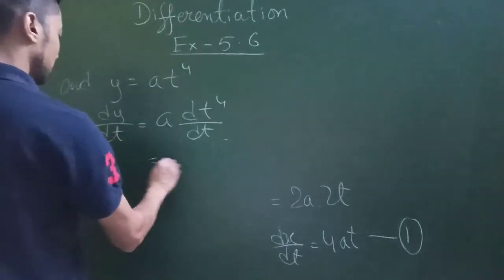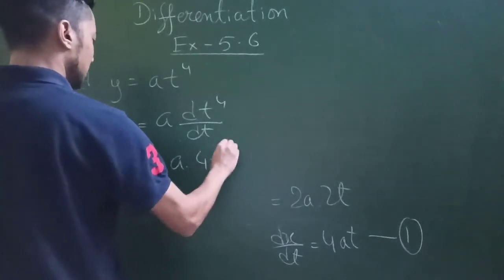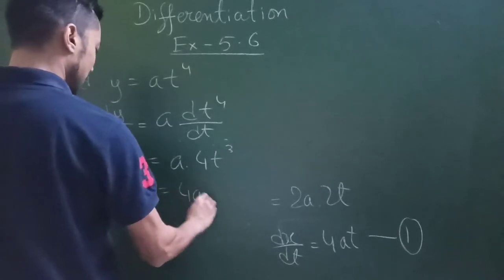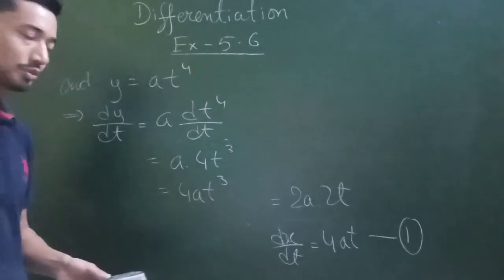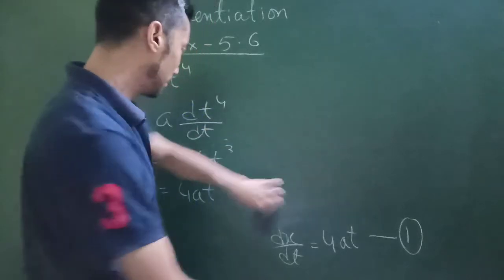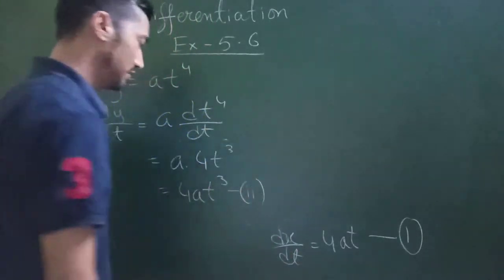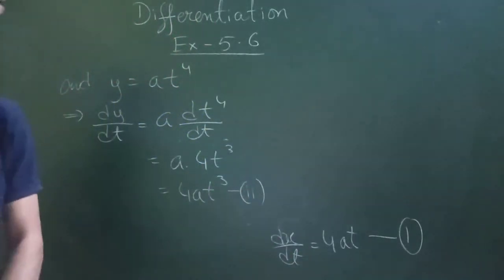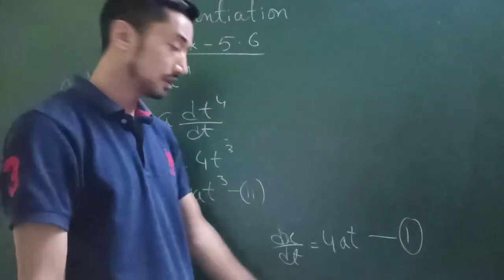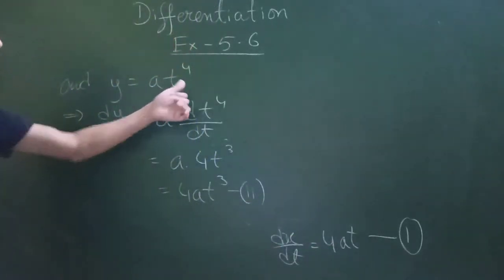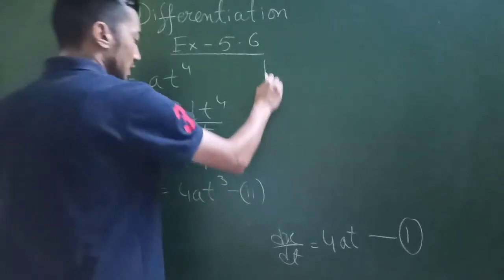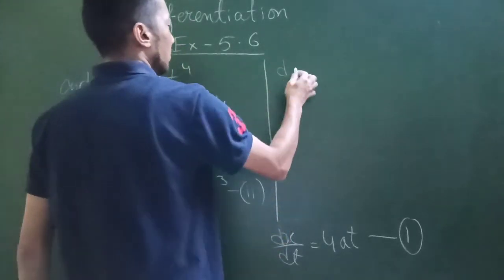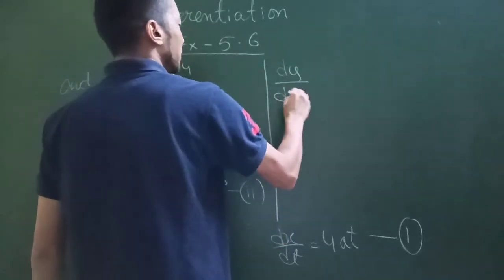So that's going to be 4at³. You can mark this as equation 2. Now you can see that both the functions x and y are represented with respect to the parameter t after the first derivative.